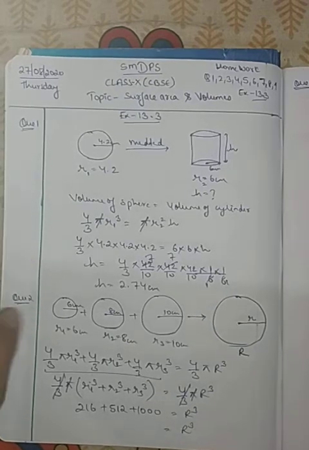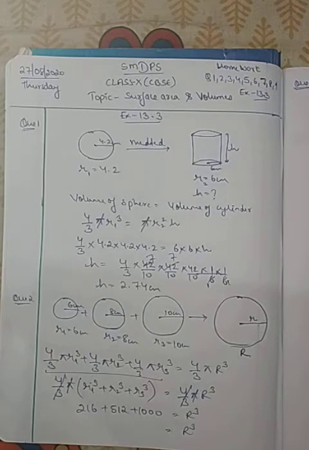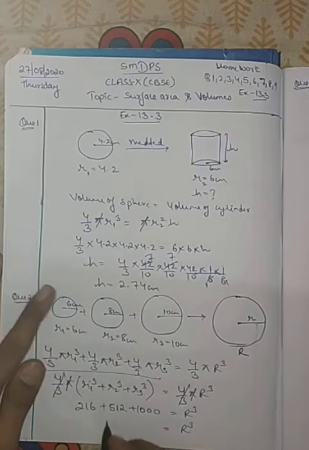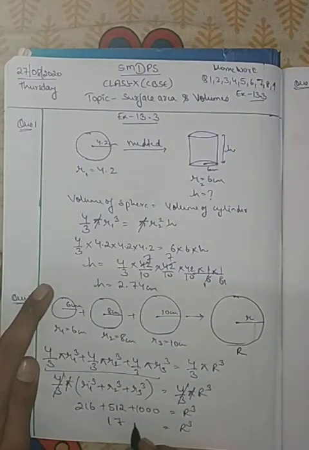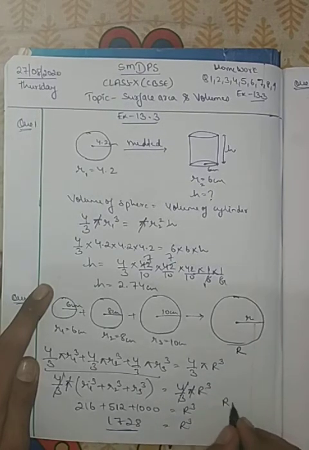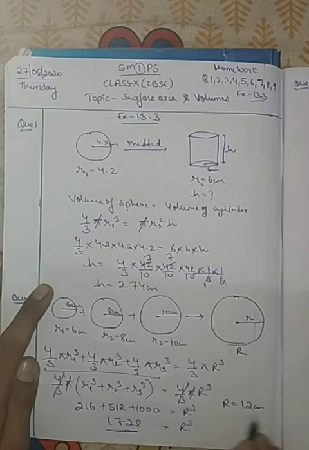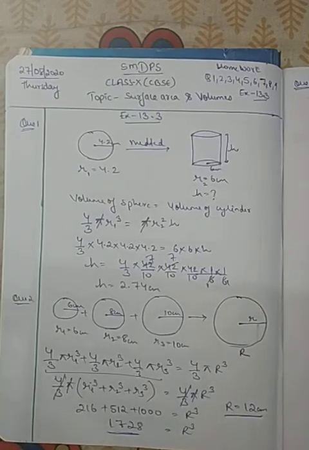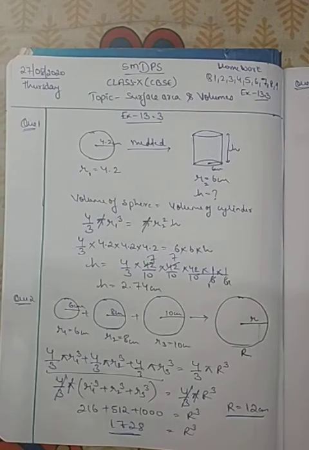R cube comes out to be, after adding these, 1728. And 1728 is cube of 12. So R comes out to be 12 centimeter. This is how you are going to do question number 2.